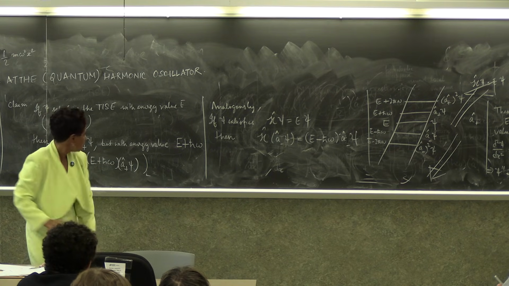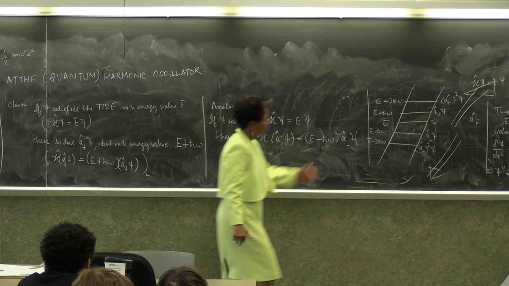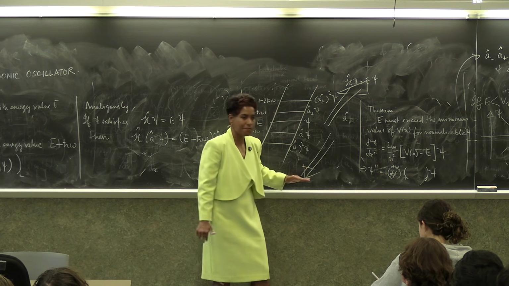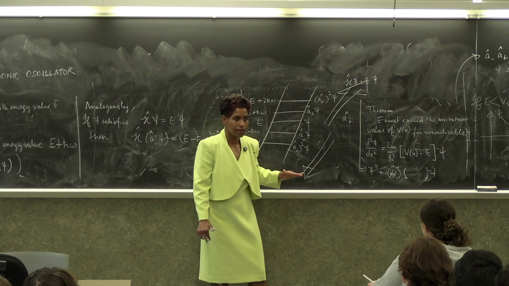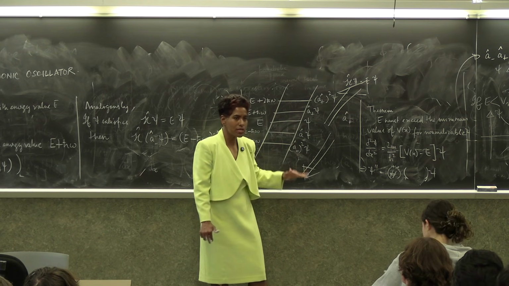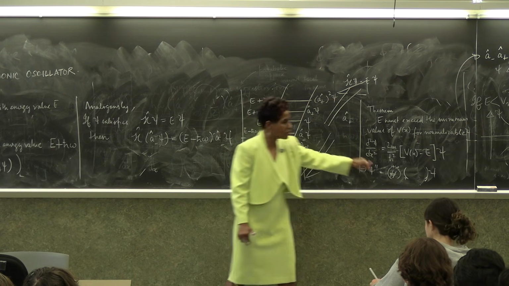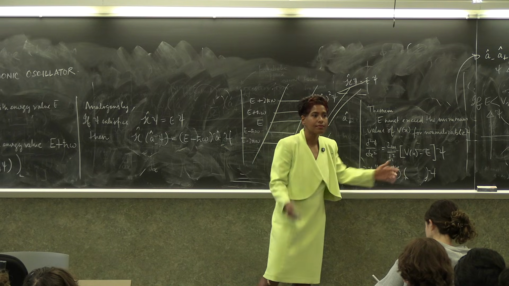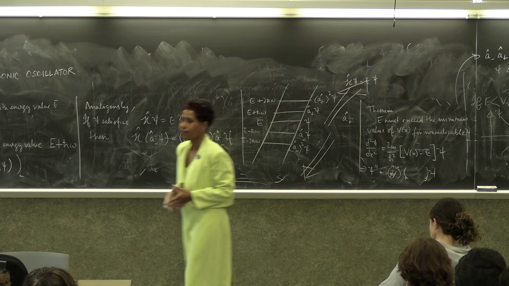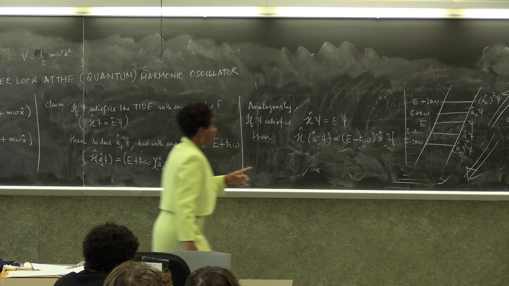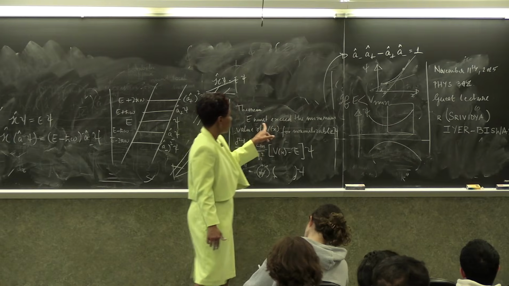So surely I cannot indefinitely keep climbing down this ladder because it has to be capped at the bottom. There has to be a lowest energy state with energy greater than 0 for this theorem to hold. What gives? Its energy must be greater than 0, must exceed.